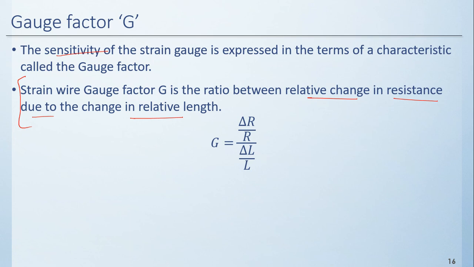Since it is deforming, you have a relative change in your length, and as a result there is a relative change in resistance. Now, the ratio of these two parameters, that is relative change in resistance to relative change in length, is called the gauge factor. A strain gauge with a higher value of gauge factor is an improved one with higher sensitivity.